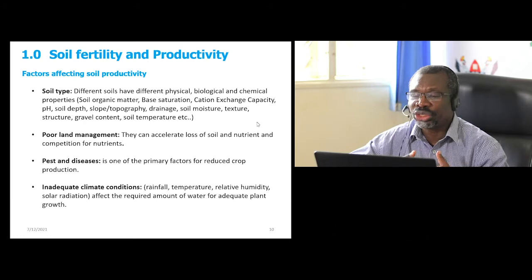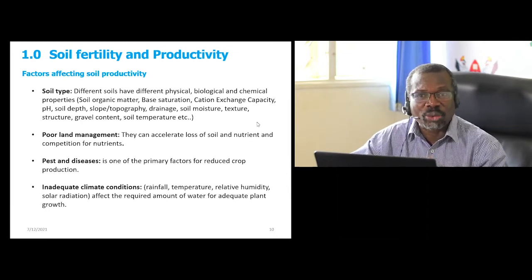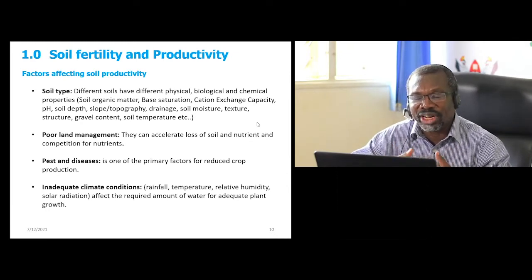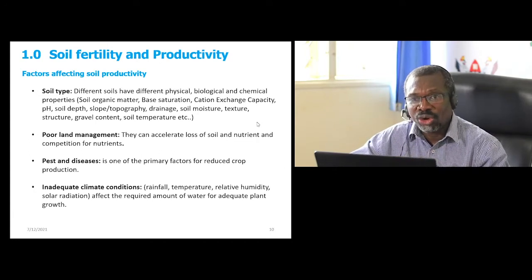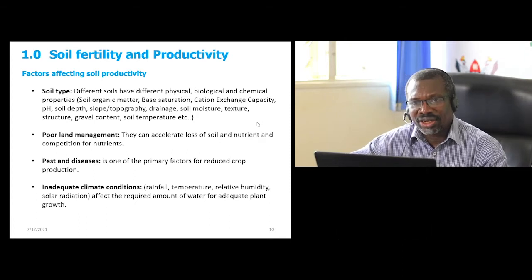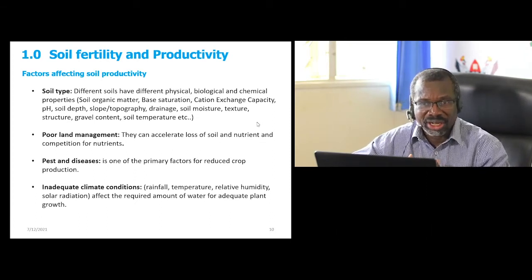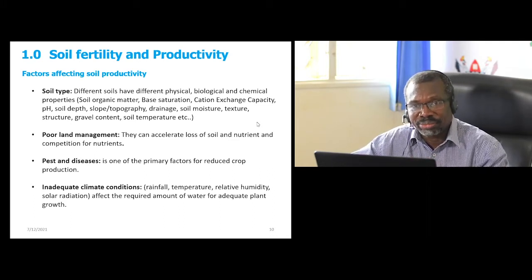But also the issue of drainage, the issue of texture, the issue of topography, which is linked to water availability, the issue of the depth of the soil, all those will actually affect in one way or the other the inherent or potential and even productivity at a particular time.